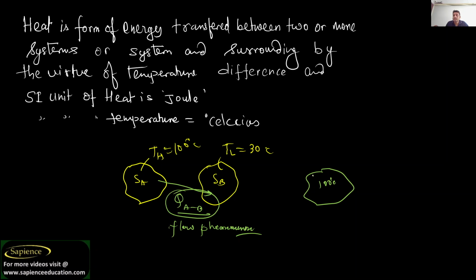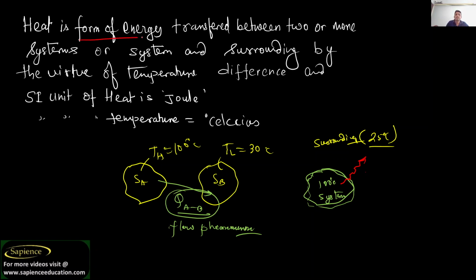Let us consider this is the confined area where our focus has been made, and this is known as the system. Outside this system is known as the surrounding. If the surrounding temperature is 25 degrees Celsius, the normal atmospheric temperature, and the system temperature is 100 degrees, heat will flow from the system to the surrounding.